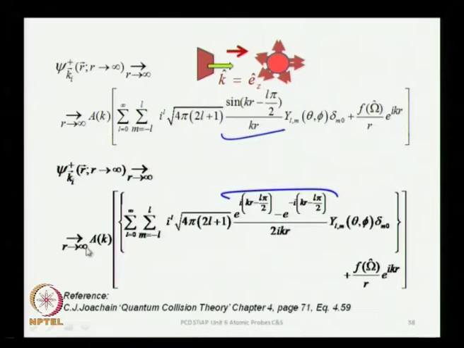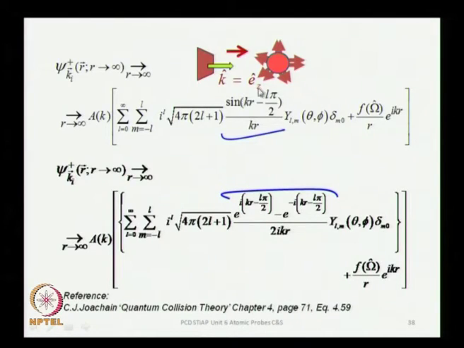The one which is the coefficient of e to the minus i kr will correspond to the ingoing waves, because the complete argument of the exponential function will be kr plus omega t. So the surface of constant phase will be converging to the center in one case and it will be diverging from the center in the other. So you have got two spherical waves, spherical ingoing waves and spherical outgoing waves.